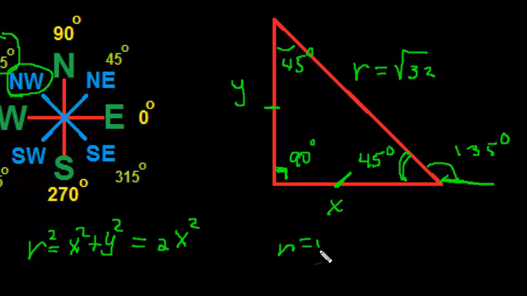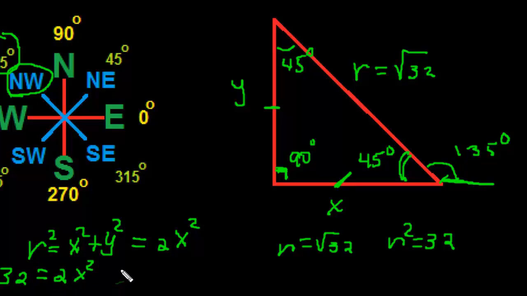R equals square root of 32, and r squared equals 32. So plugging this in, 32 would equal 2x squared, and x squared equals 16. X is 4, and y, which equals x, is 4.